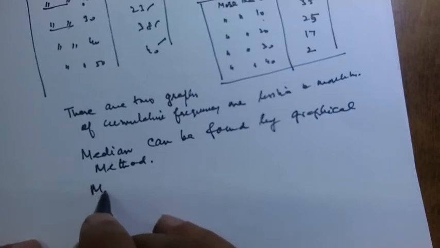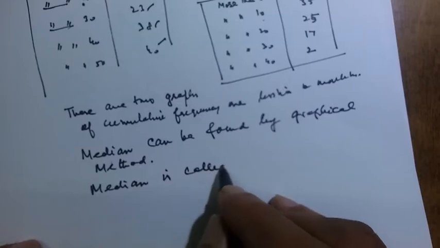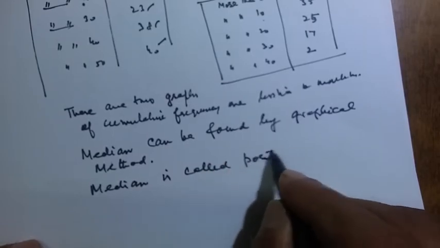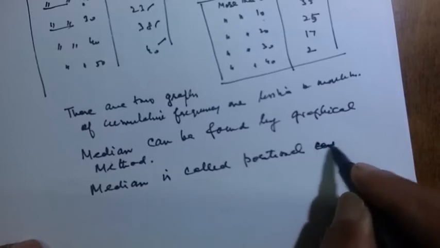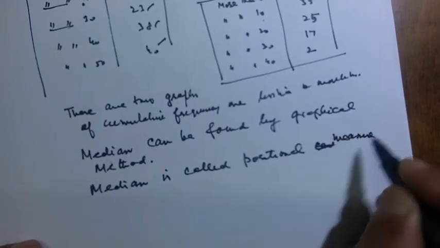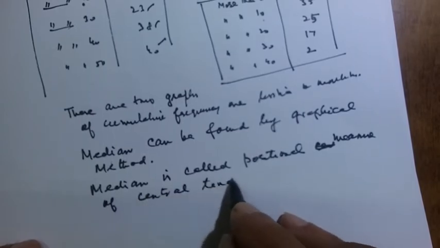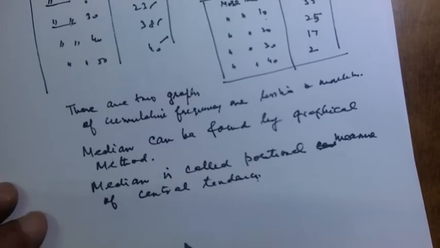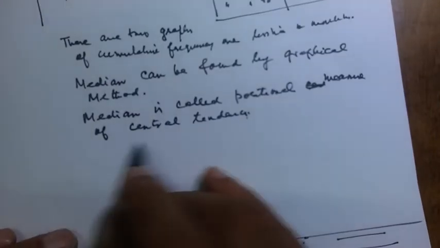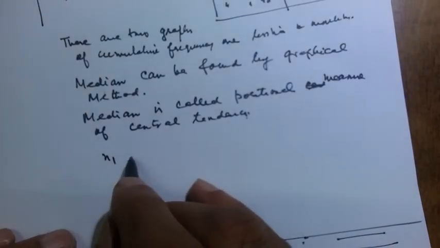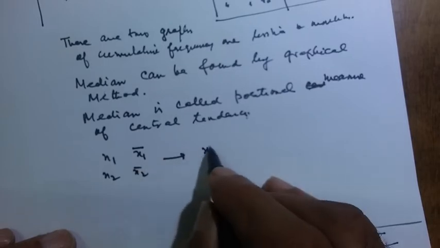Secondly, the median is also called a positional measure of central tendency. In the mean we had n1 with this mean, n2 with this mean, and we calculate the combined mean.